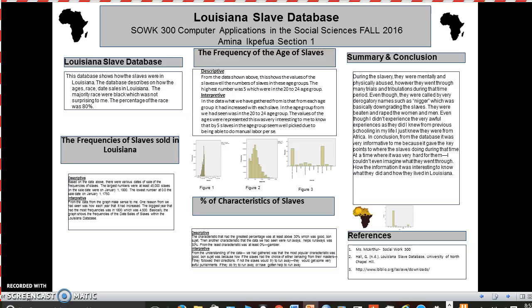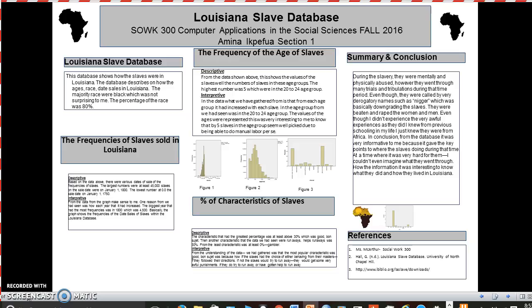Basically, from what I researched in the database, based on the data, there were various dates of sale and frequencies of slaves.